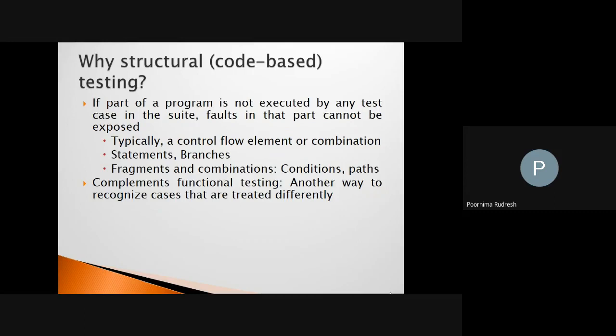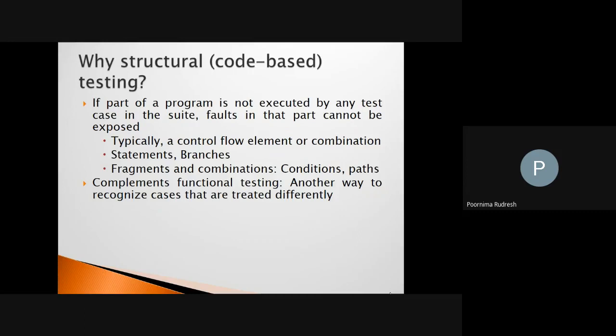If you have written a program for any given problem and you are testing it using different test cases or the test suite, even then, if one of the statements in the program is not executed, we cannot assure that the test cases identify all the faults present in the program.